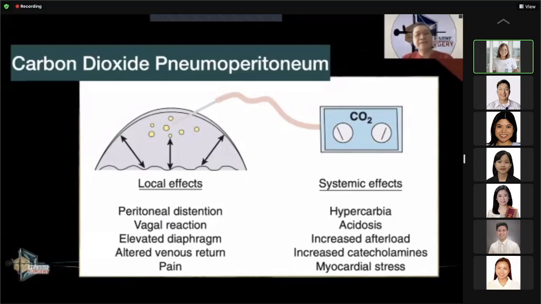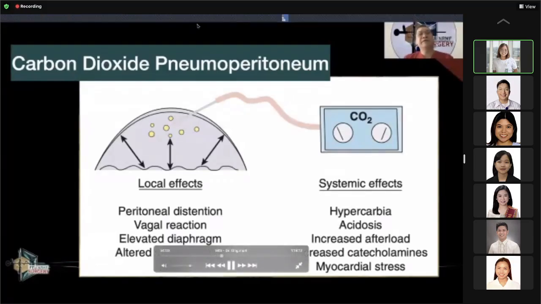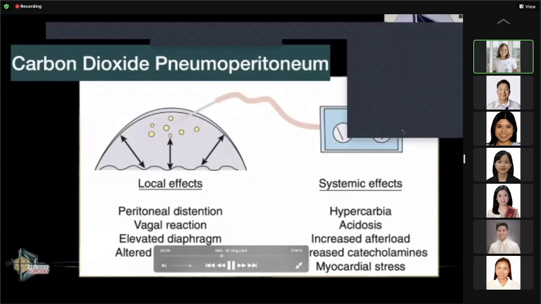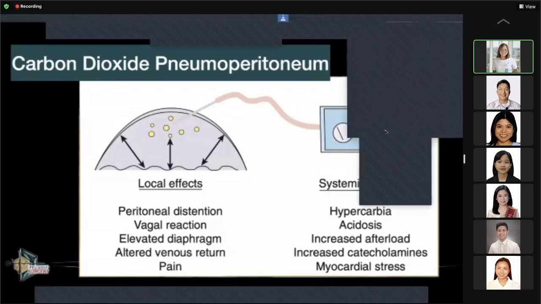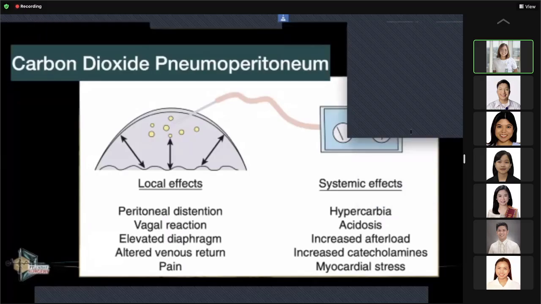Local effect is that when you distend the peritoneal cavity, you also exert pressure on the diaphragm because of the elevation of the diaphragm. Because of that, you compress your lungs. And because of the pressure in the peritoneal cavity, your major veins will also be compressed. Therefore, sometimes it alters the venous return. There is less blood returning to the heart.